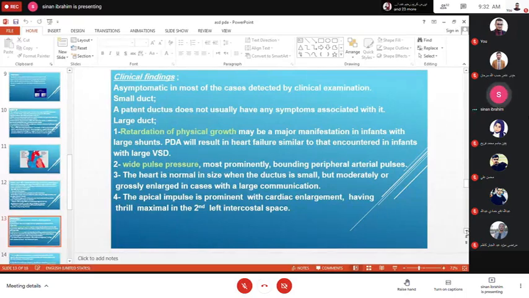While a large duct may cause retardation of physical growth, which may be a major manifestation in infants with large shunt, and may result in heart failure, similar to that encountered in infants with large VSD. Also, wide pulse pressure may be found in these patients.